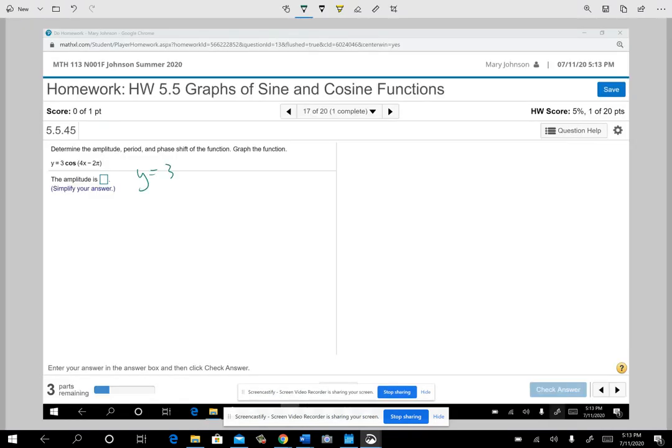So y equals 3 cosine 4x minus 2 pi. Okay, so 3 is your amplitude. So that'll be a vertical stretch of 3 units. Okay, and see how it was a positive number, so it's going to be in the regular orientation.